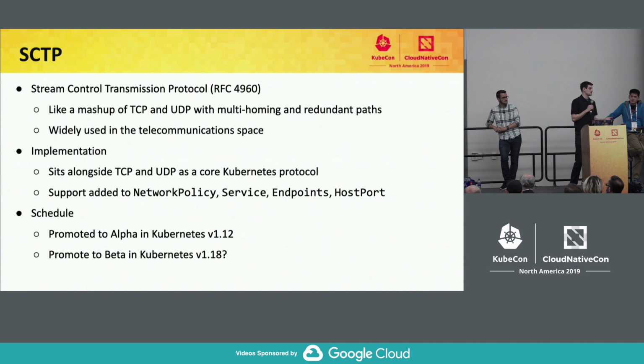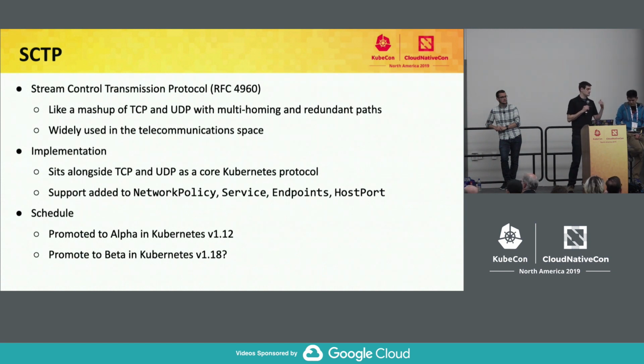So the implementation sits alongside both the TCP and UDP bits as a core Kubernetes protocol, and that shows up in a lot of different places in the code. The one place that most of you might be familiar with is the service, where you can say that this service has a particular protocol attached to it, and that is the protocol that I want the proxy to pay attention to when it needs to move the traffic through the cluster to a particular backend.